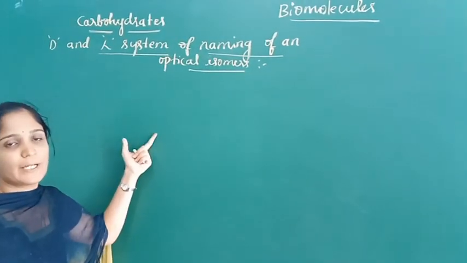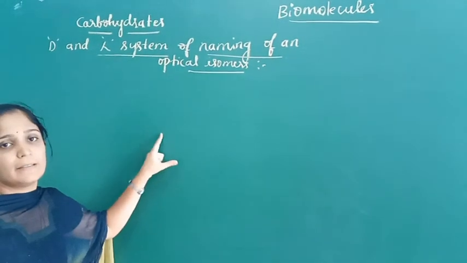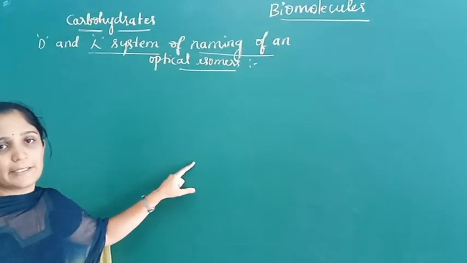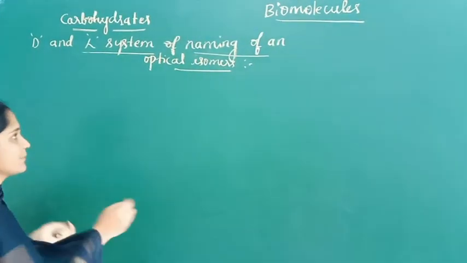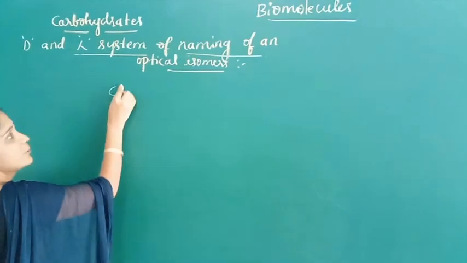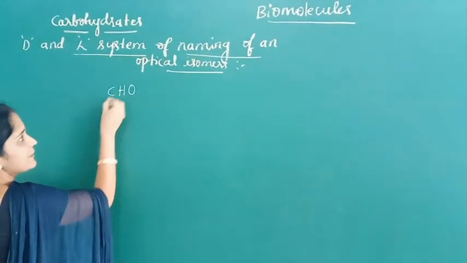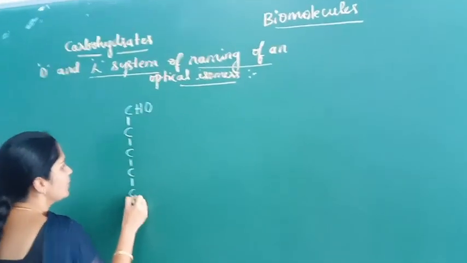If the compound contains more than one asymmetric carbon atom, then the configuration is assigned based on the position of the substituent group on the highest asymmetric carbon atom. For example, let us consider glucose. The structure of glucose is CHO, 4 CHOH groups and 1 CH2OH group.